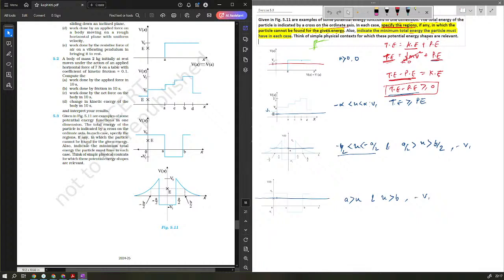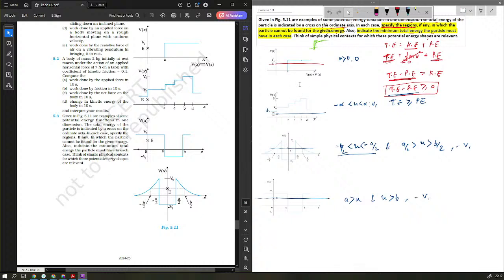In each case, specify the regions in which the particle cannot be found for the given energy. Also indicate the minimum total energy the particle must have in each case. Think of a simple physical context in which these potential energy shapes are relevant.